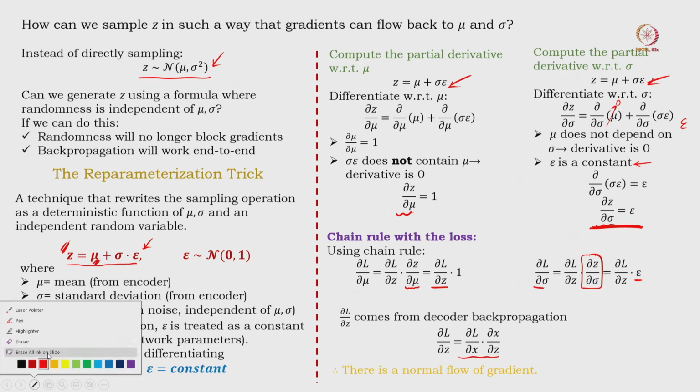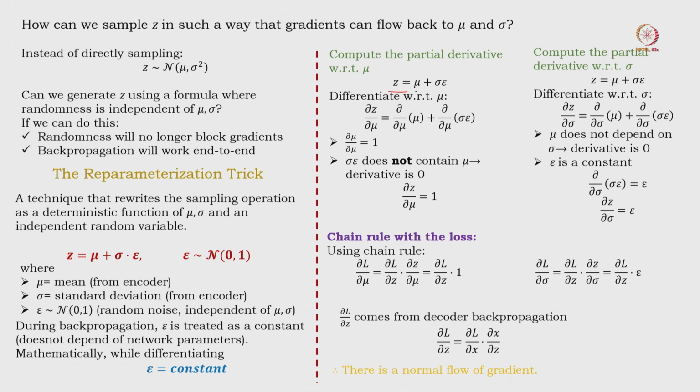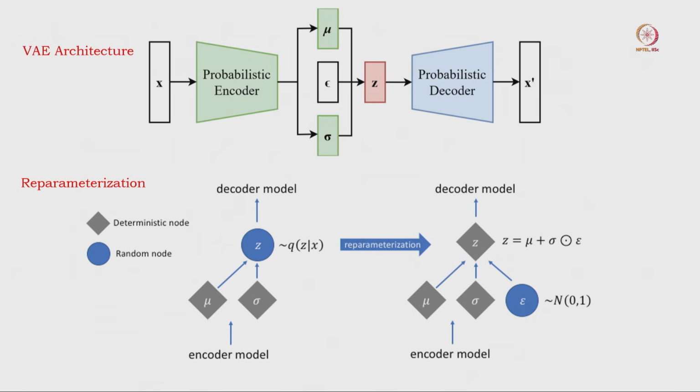Because Z takes this form now, we are able to get the values for these two terms. Because we got the values, we can now compute the derivative of loss with respect to mu and with respect to variance. Therefore there is a normal flow of gradient.